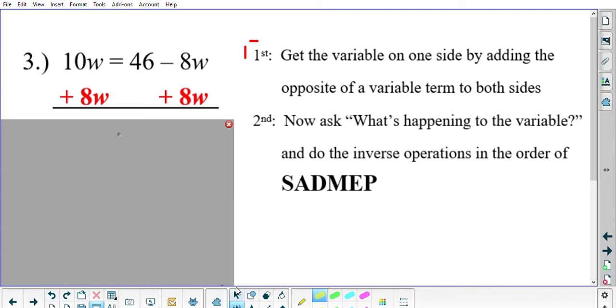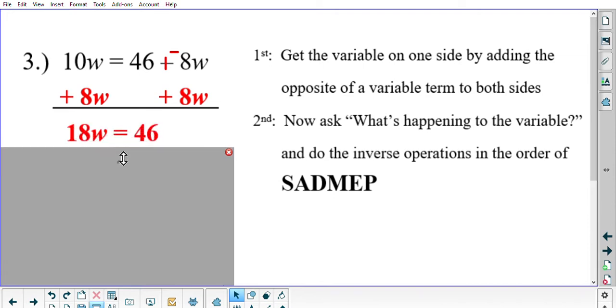Since subtraction is the same as adding the opposite, then that already was negative 8w, and therefore to get the 0 that you need to make the variable disappear from that side, you have to add by positive 8w underneath on both sides. So if you messed up, hit pause, fix your mistakes, then hit play when you're ready to see how you did.